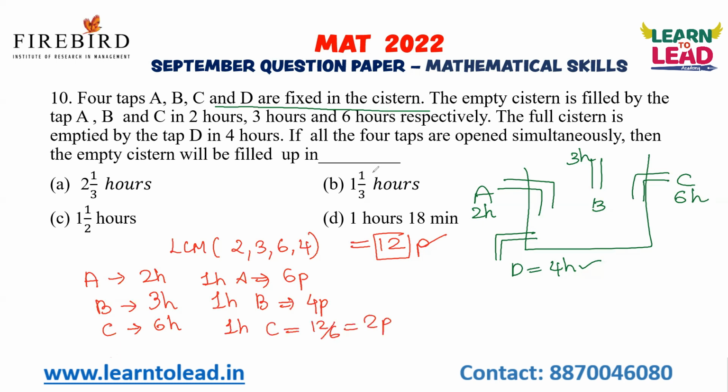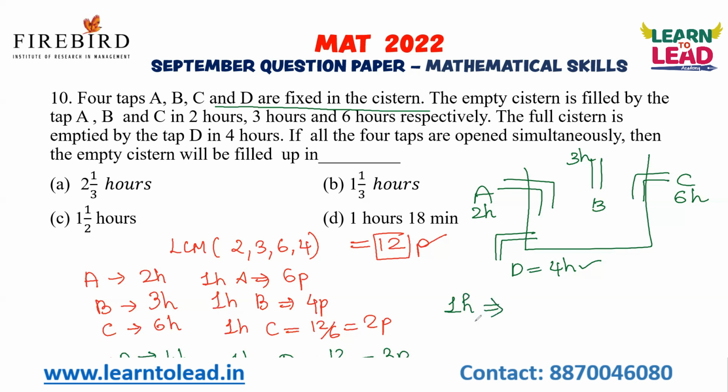And if I take D, which is going to empty the tank, it takes 4 hours. In 1 hour, D will do 12 by 4, 3 parts of the tank. D will empty 3 parts. What about the 1 hour process?